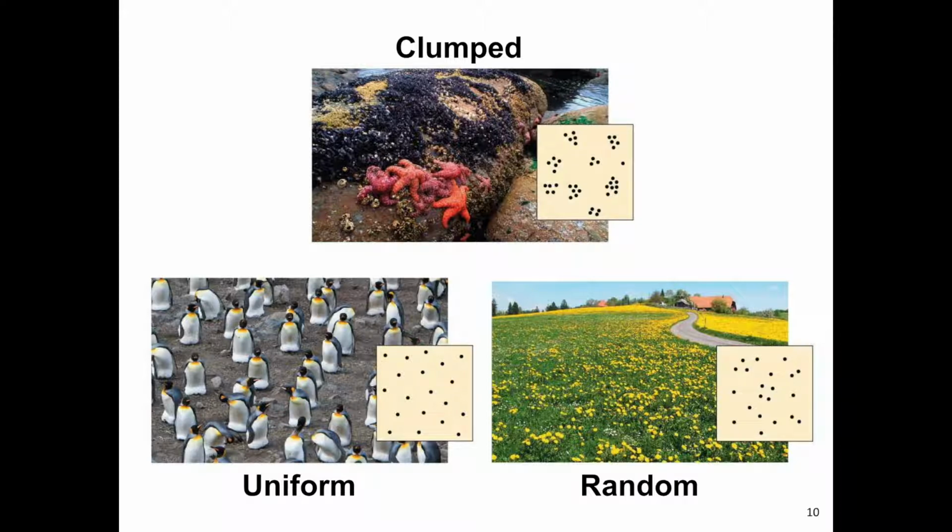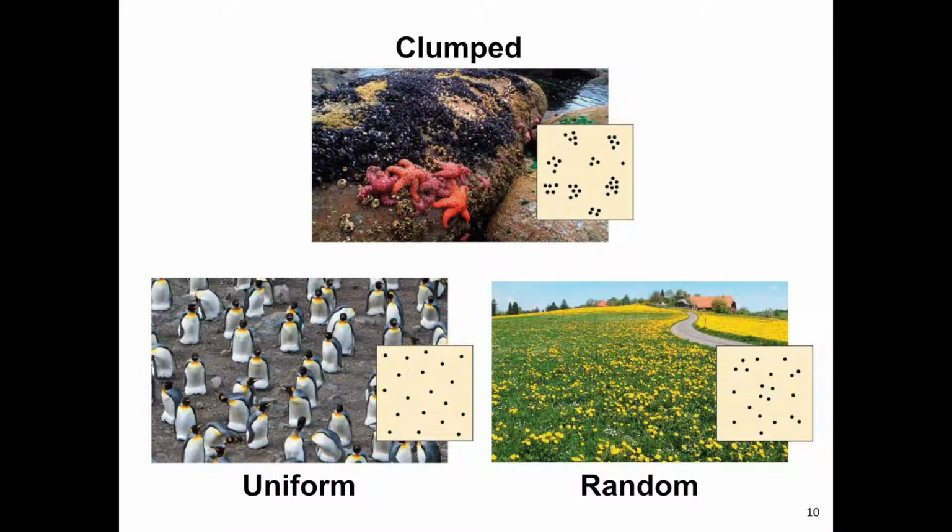One thing to be aware of is that characterizing population density as average density across the range of a population is often useful, but it can be somewhat misleading depending on how the organisms are distributed in a particular place. For example, the individuals within a population may be distributed randomly.